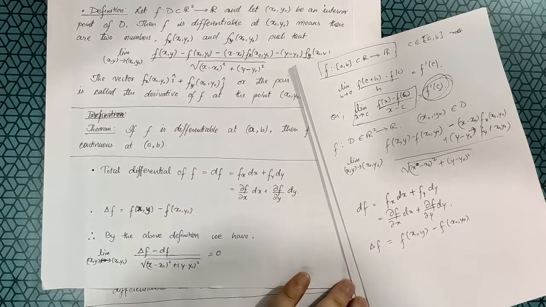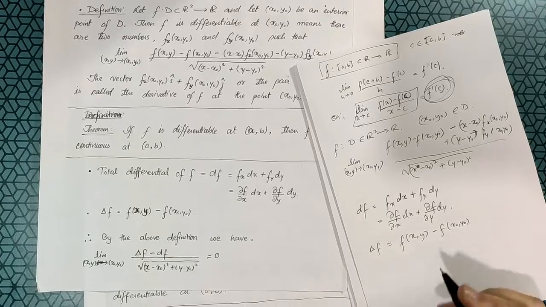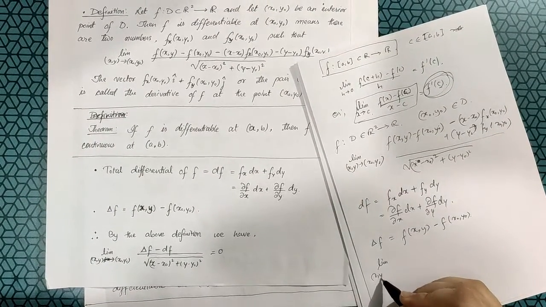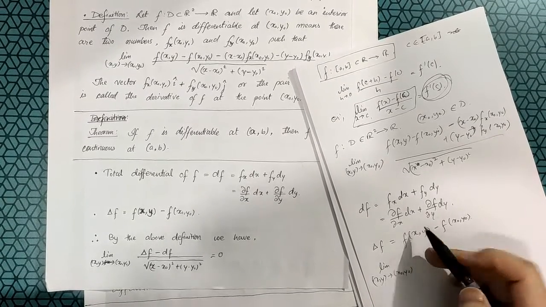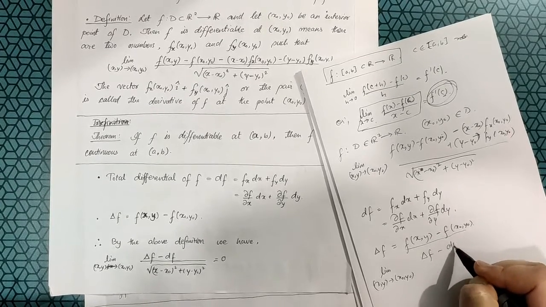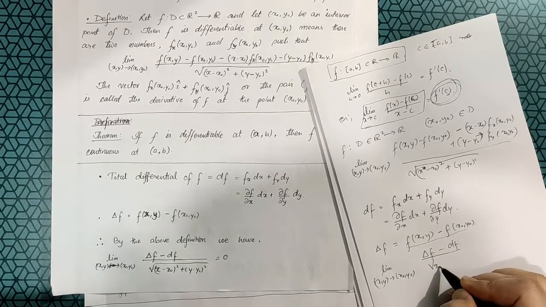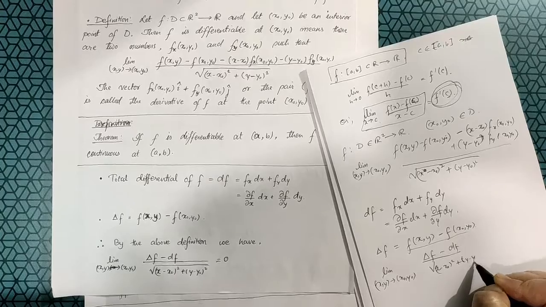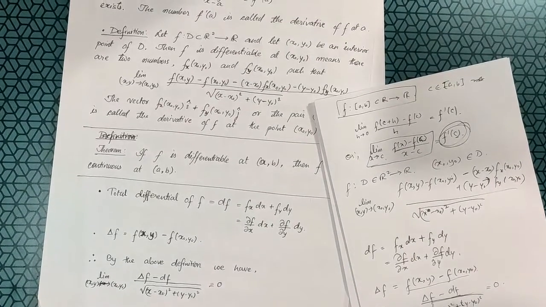And from the above definition, if we replace the points, what we get is the limit as (x, y) tends to (x naught, y naught) of del f minus df, divided by root of x minus x naught whole square plus y minus y naught whole square. So this must be 0 in order to be differentiable.